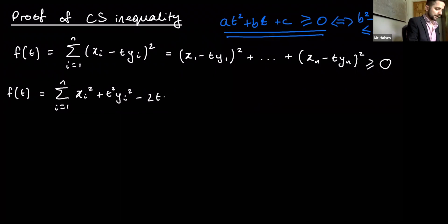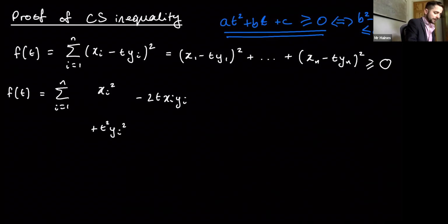So let's say 2t xi yi. And I'm just going to change the order of these a little bit. So let's move that one down there. Put that one at the end. This one can go at the front, so it looks a bit more like a quadratic. That one can go next, and this one can go at the end like that.